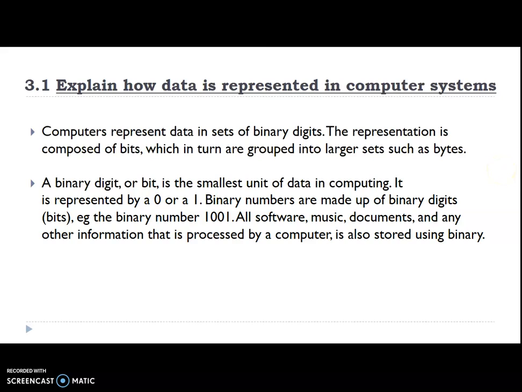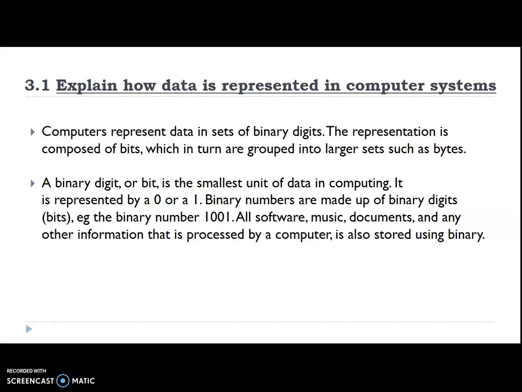Let's move on to 3.1, which explains how data is represented in computer system. Computers represent data in sets of binary digits. The representation is composed of bits, which in turn are grouped into larger sets such as bytes.